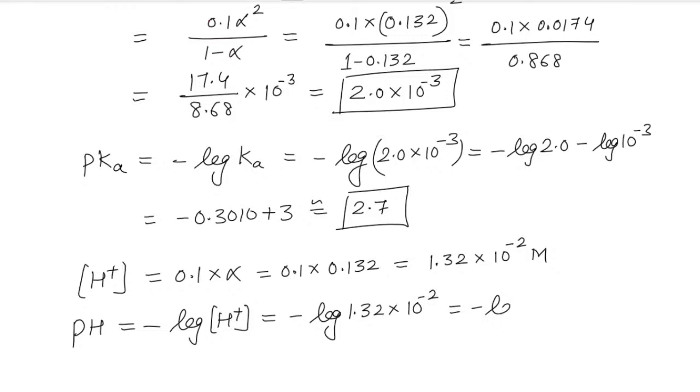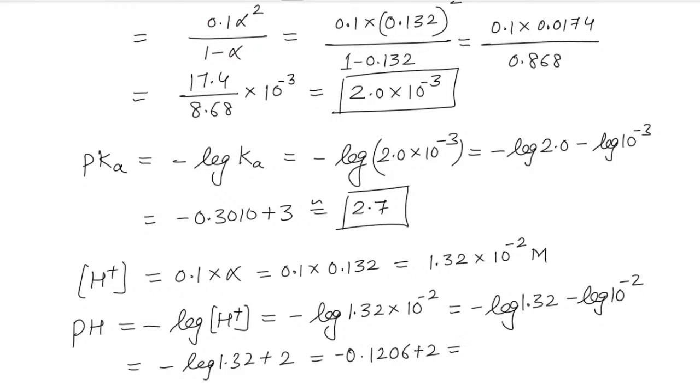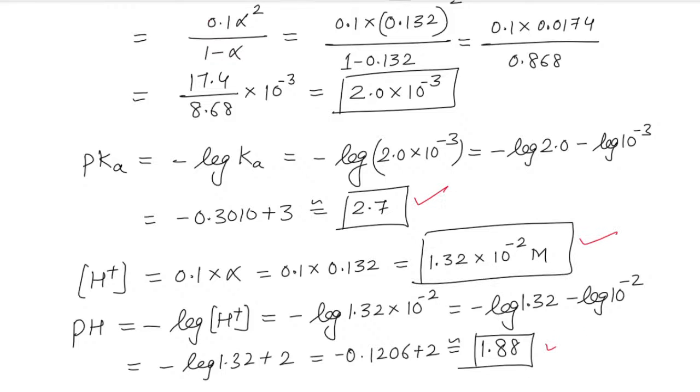So minus log of 1.32 minus log of 10 raised to power minus 2. What is log of 1.32? Log of 1.32 is 0.1206, so 2 minus 0.1206, the value comes out to be very close to 1.88. So this is the pH of the solution, and this is the H plus ion concentration. So these are the 3 answers.